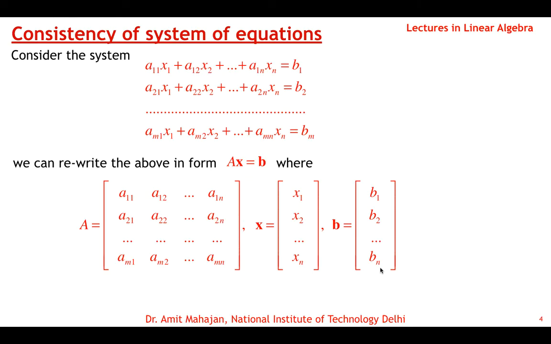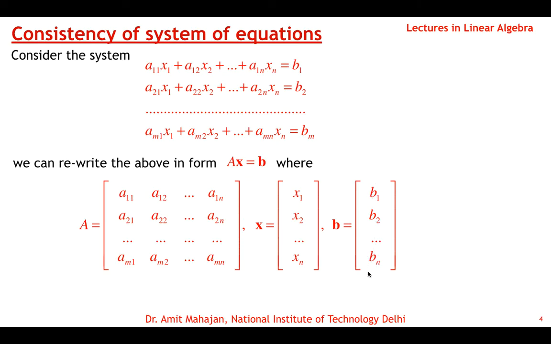I guess there are n, so it has to be bn here. Not bm, this is bn. Okay, this is m, bm. So this is b1, b2, bm. There are m rows, so B must also have m rows.